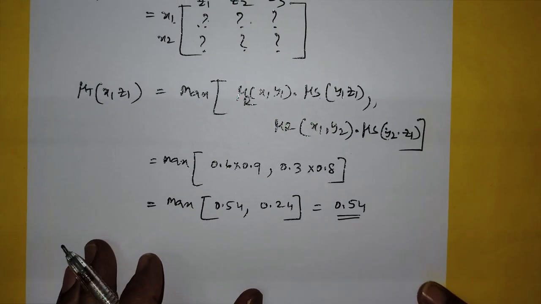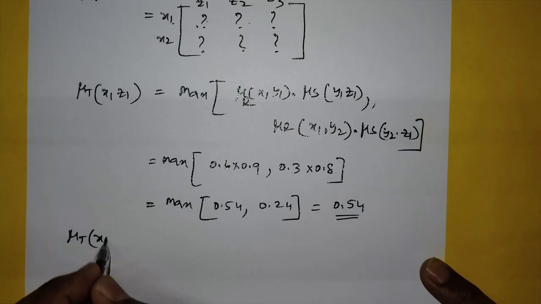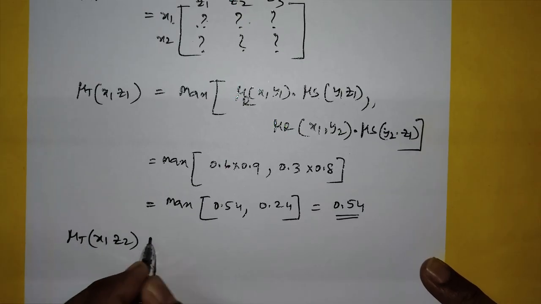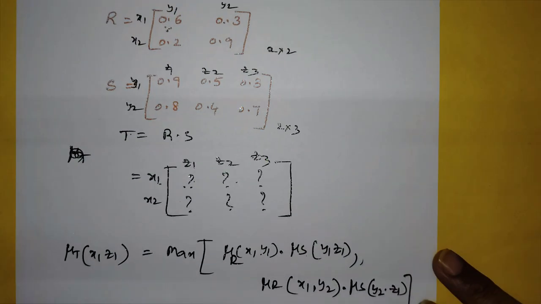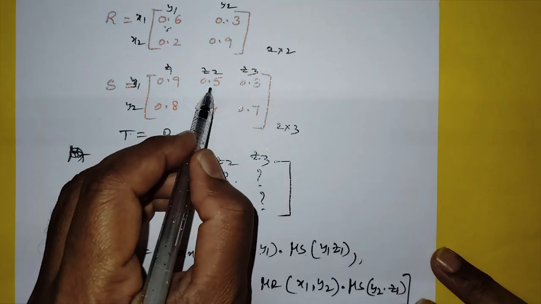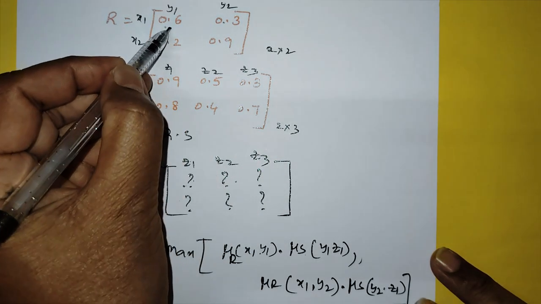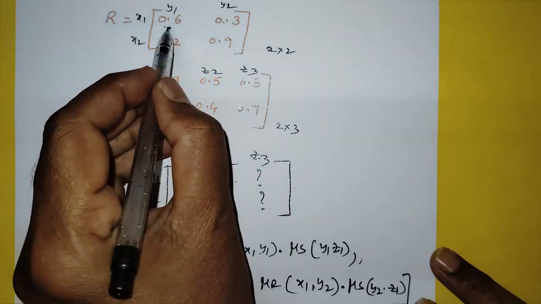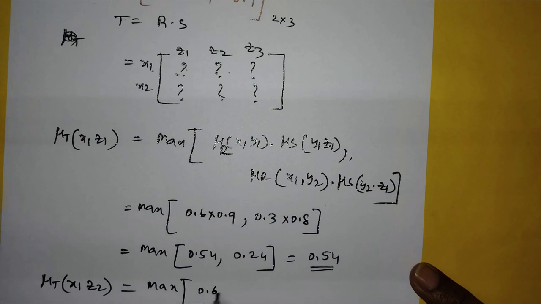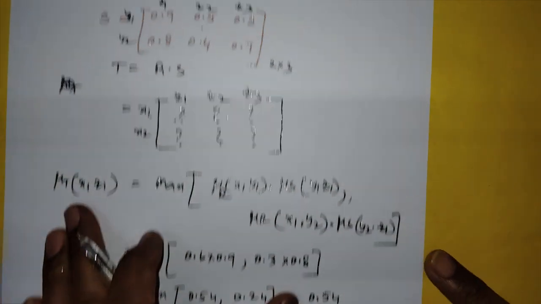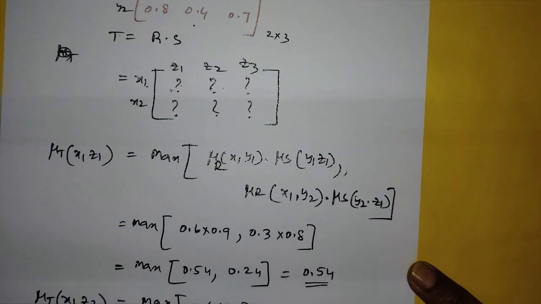Similarly, if we apply the concept to mu t of x1 z2, it is the maximum of, applying the concept for this position, 0.6 into 0.5, comma, next 0.3 into 0.4.